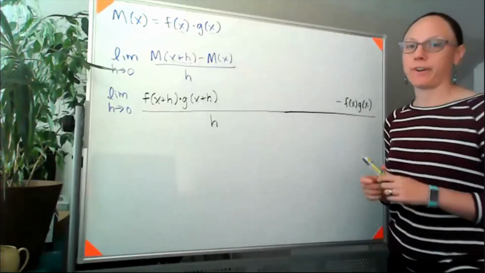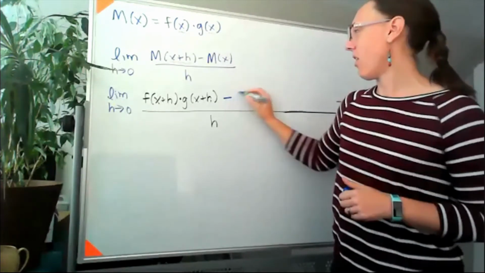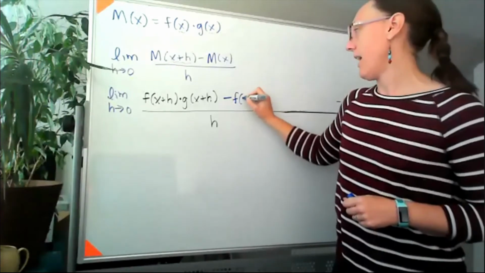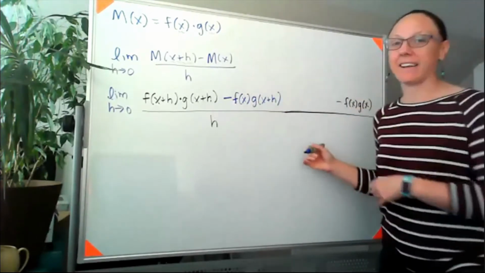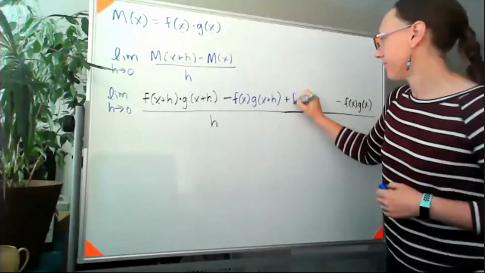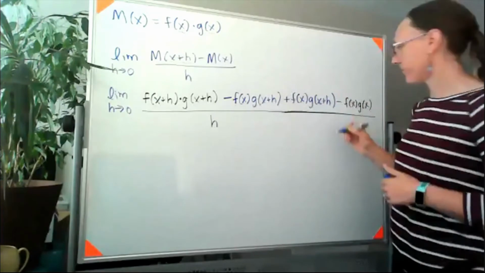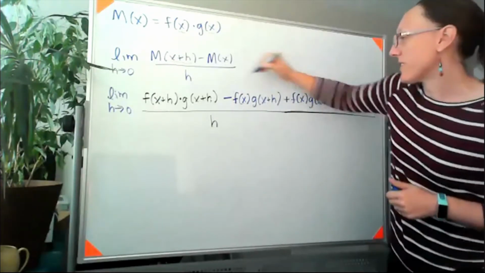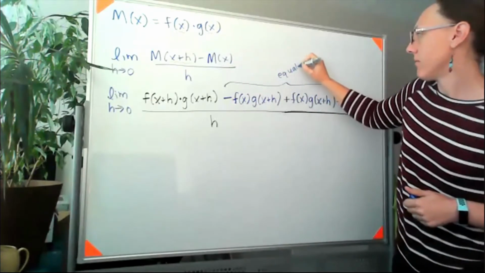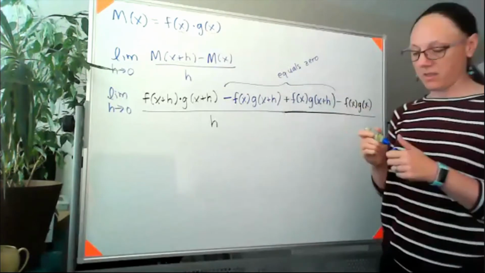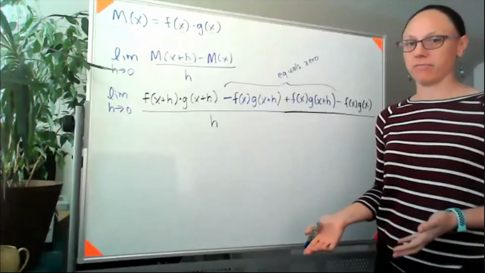Just going to add 0 creatively by first subtracting off f of x times g of x plus h, and then adding it back on again, so that this part in here equals 0. And certainly if I add 0 to a problem, I haven't changed it.